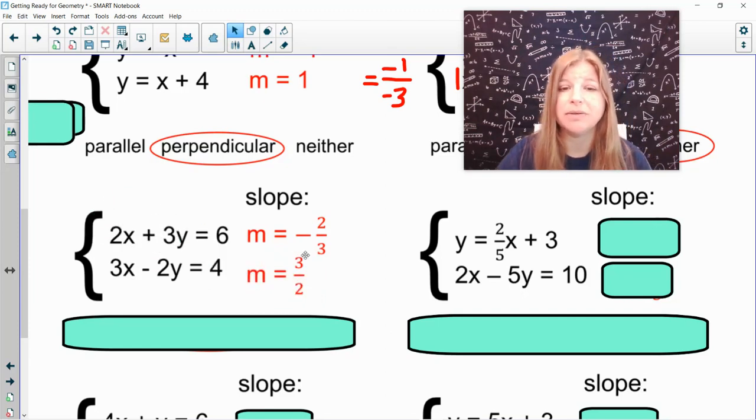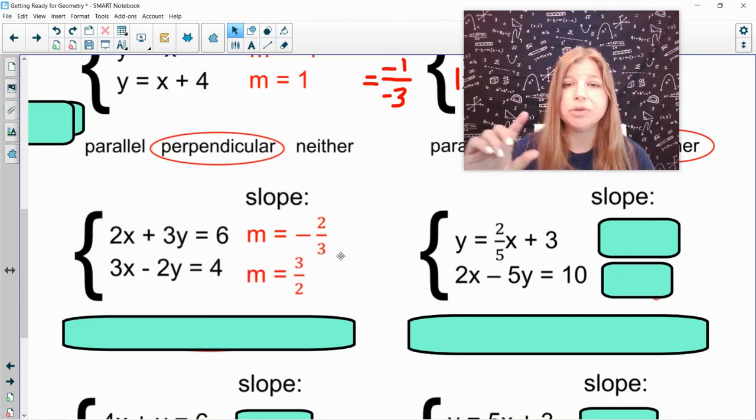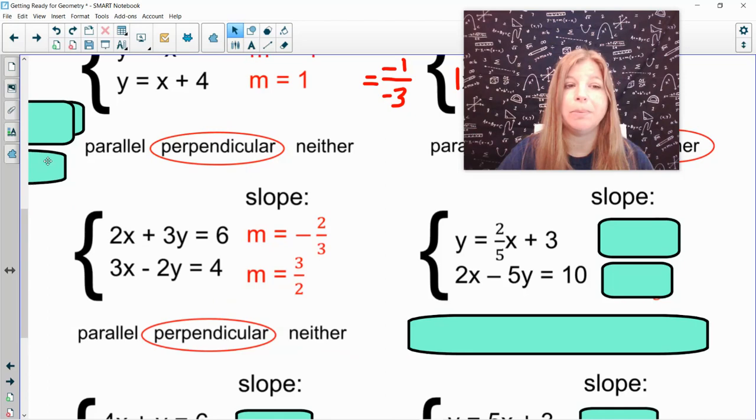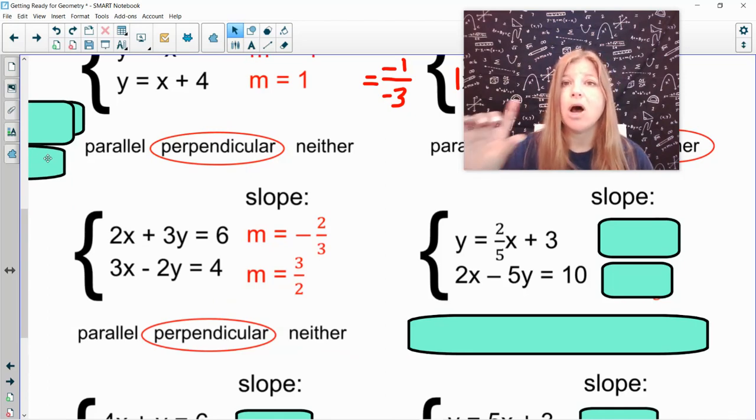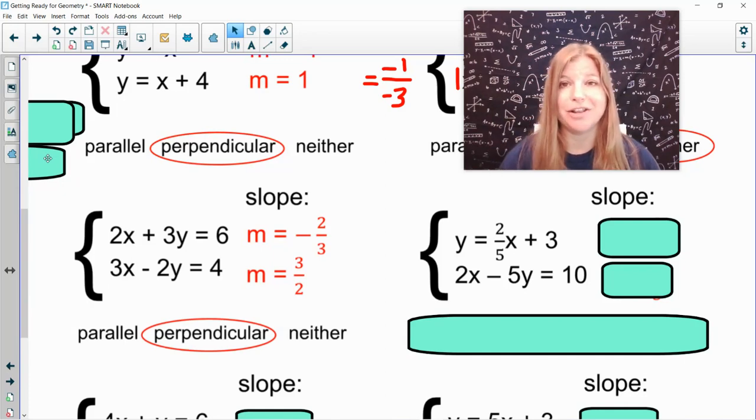That would give me positive 3 halves. Ooh, well, 2/3 and 3 halves are reciprocals of each other. And is one positive and one negative? Are they opposite signs of each other? They are. So that means that these two equations would be perpendicular because the slopes are negative or opposite. You can call them either way, reciprocals of each other.